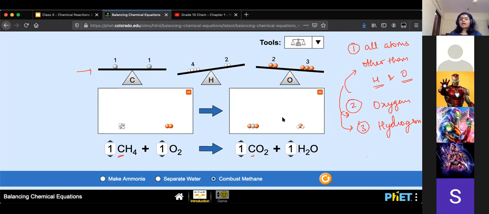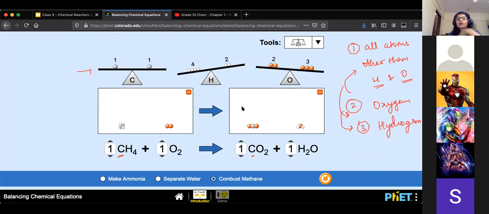Okay. So Anirban, what will you start off balancing first? Hydrogen. Okay. In order to balance hydrogen, what do you need to do? Now we will add hydrogen.